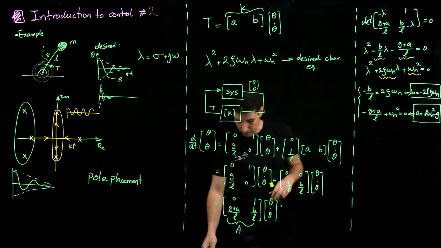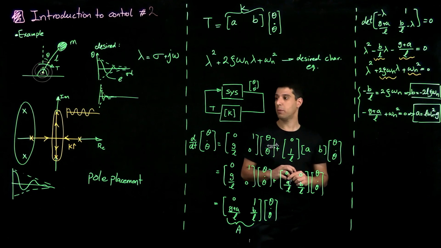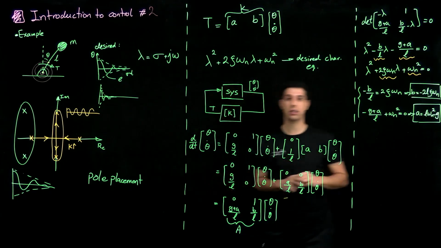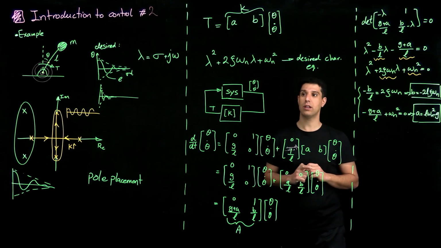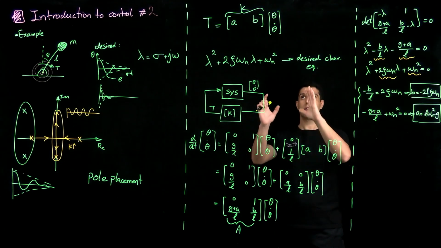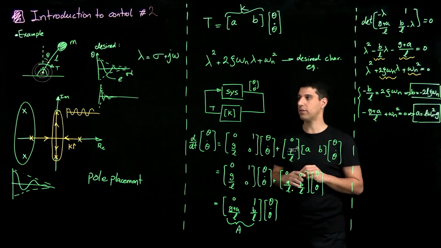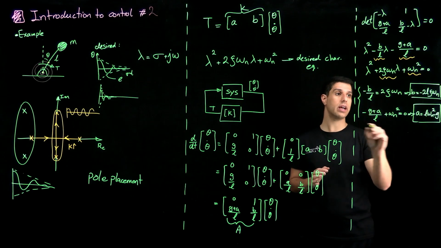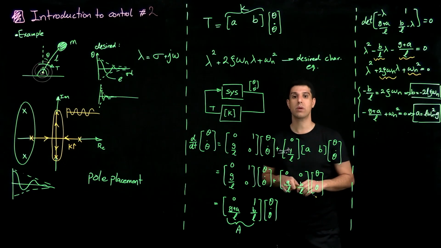So this is an example of what we can do with pole placement. We can think about what our desired behavior of the system looks like, figure out where the poles are, and design a controller that shifts the poles of the closed loop system to those locations, and in the end I get a system that behaves the way I want.